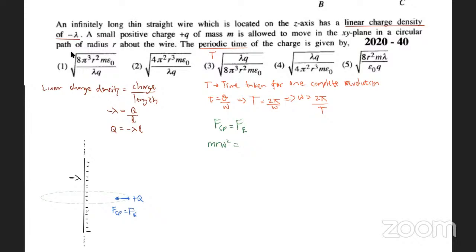Fe is going to be, wait a minute, charge 1, charge 2. So the total charge here, we'll take it as minus q for the time being, minus q.